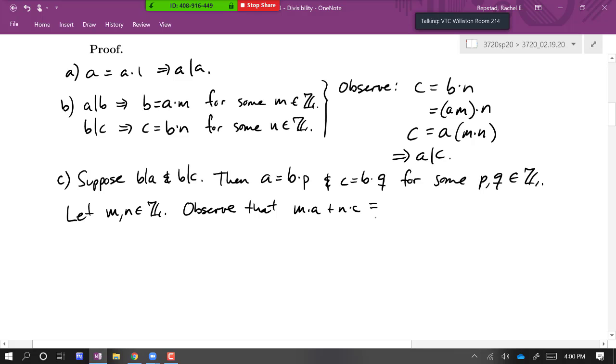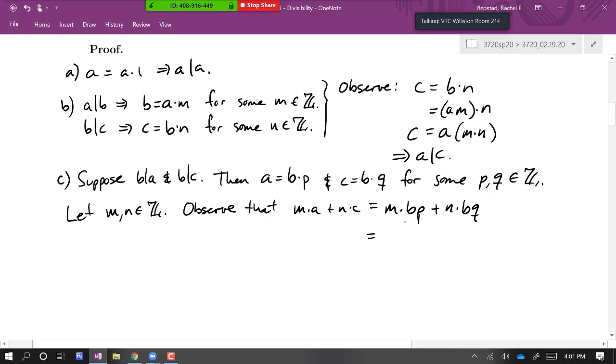And we're going to do just a little substitution. We know that A is B times P and C is B times Q. So we're going to substitute those in. So M times BP plus N times BQ. We're trying to show that B divides this linear combination, and we're just about there.